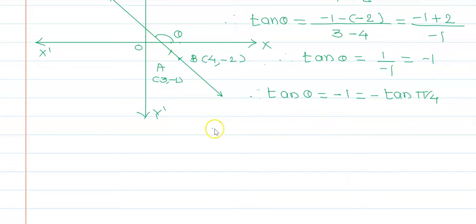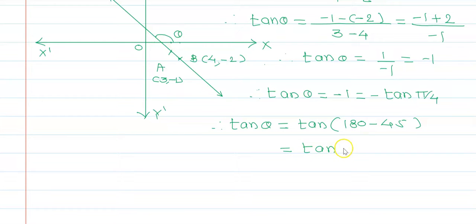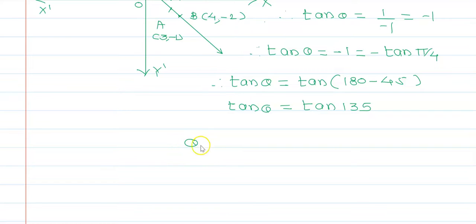Okay. Therefore, tan theta is equal to tan of pi, that is 180 minus 45. And that's equal to tan of 135. Okay. And hence theta is equal to 135.